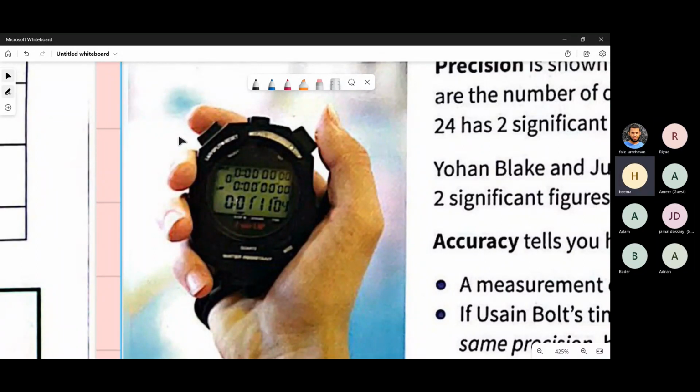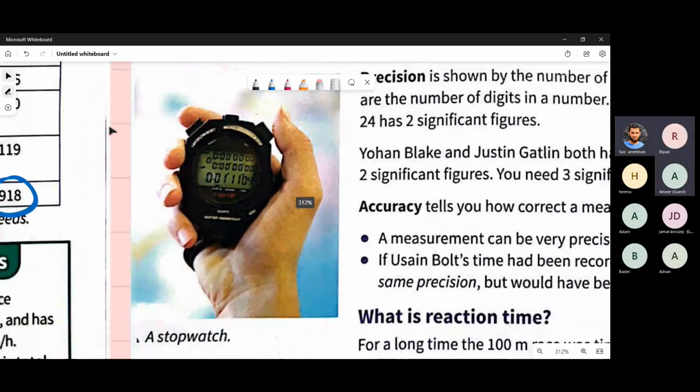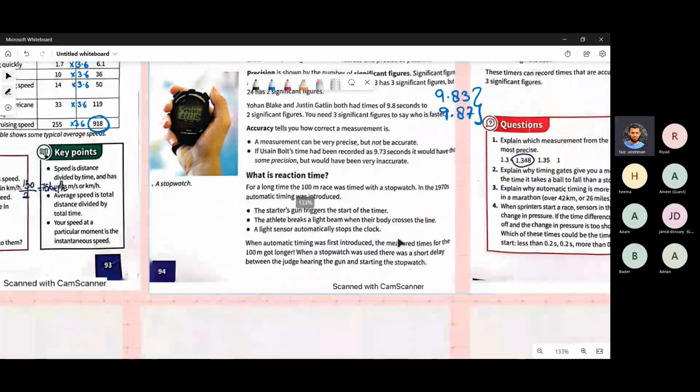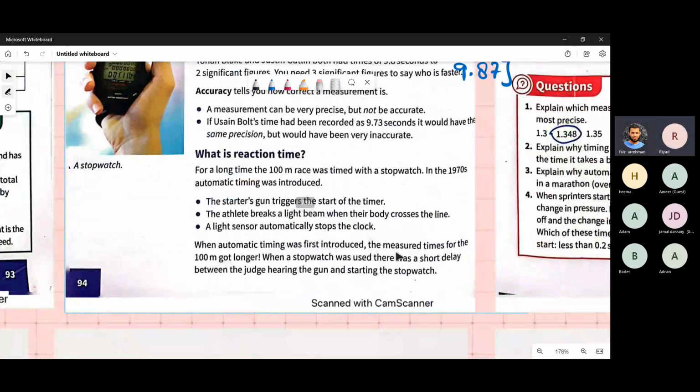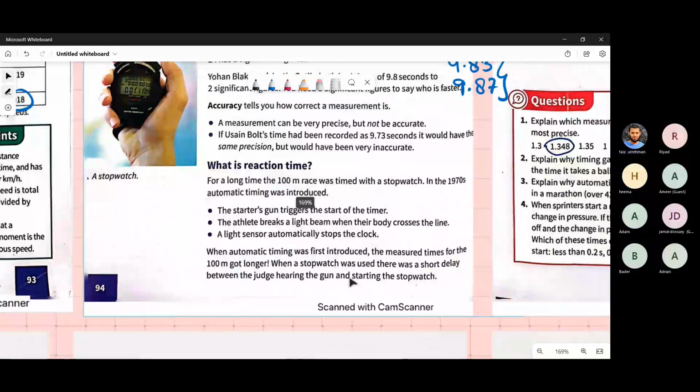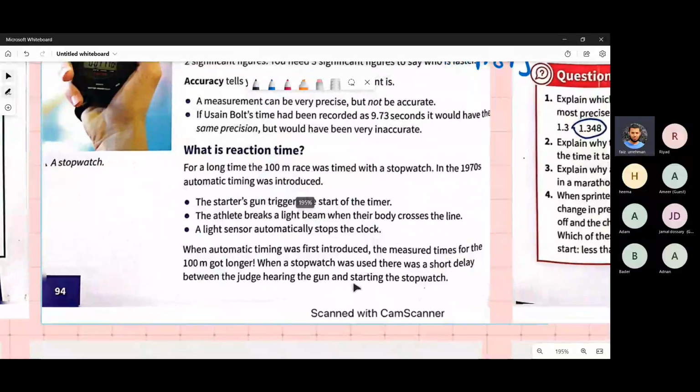But there is a delay between he clicks the button and the actual race. The brain takes the information and he clicks the button. So this delay is known as reaction time.